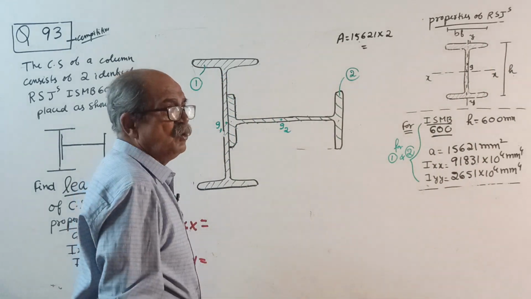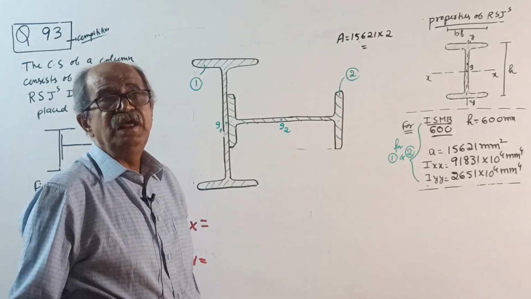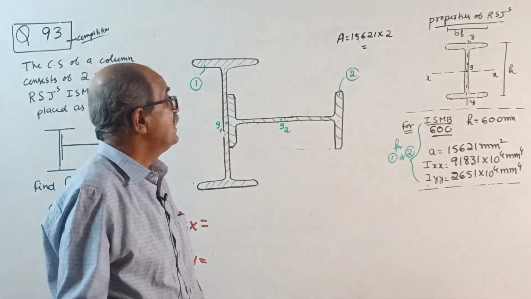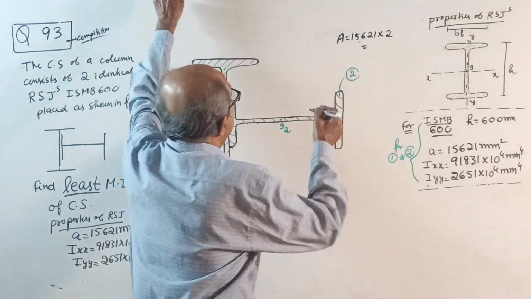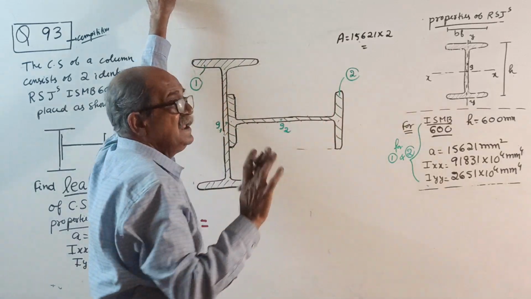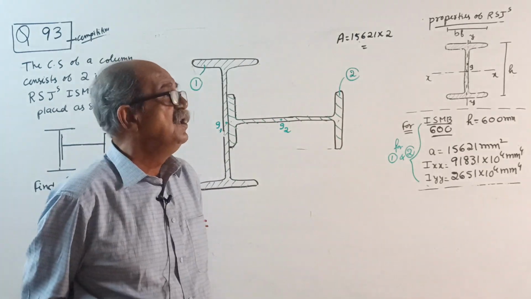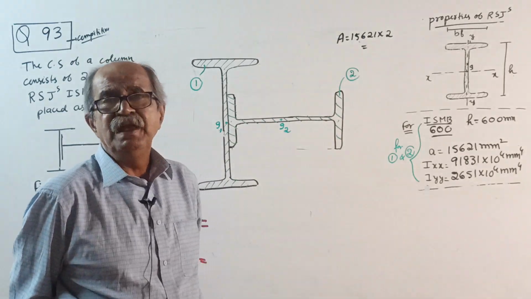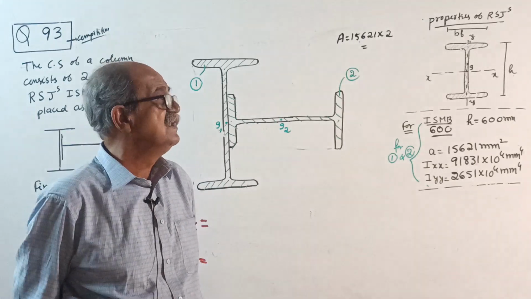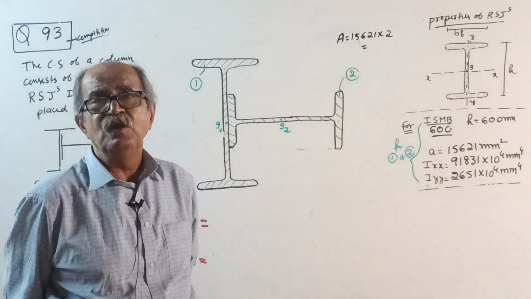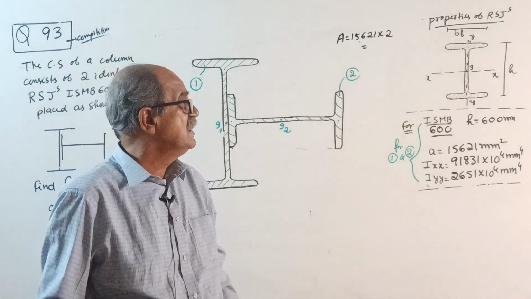For those who are interested, this question came in strength of materials, in the chapter on columns, where the question was to find the load carrying capacity of the column by Euler's formula, buckling load, pi square EI by L effective square, where I is the least moment of inertia of the cross section.